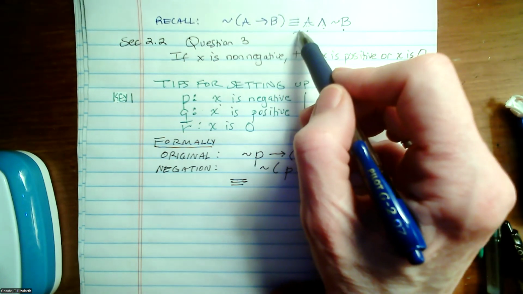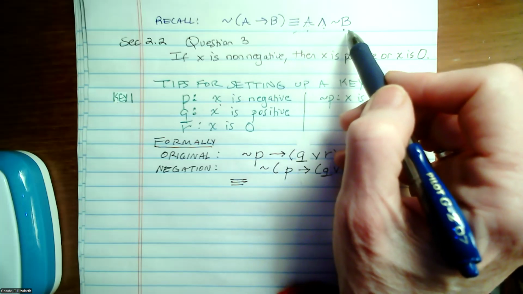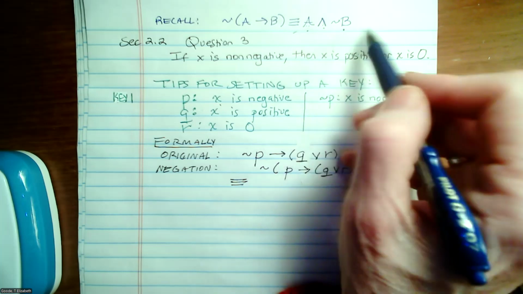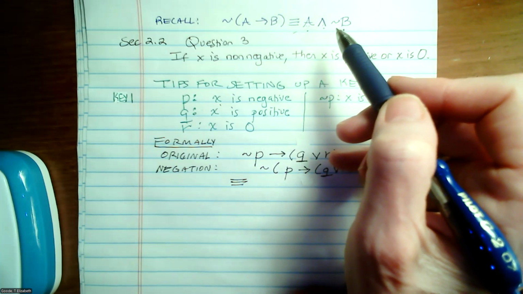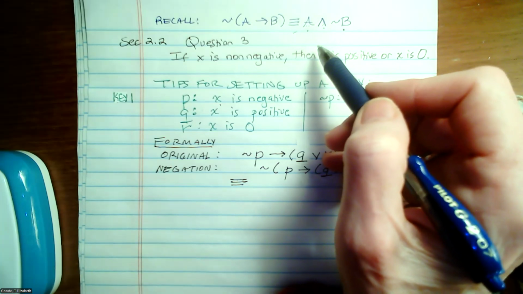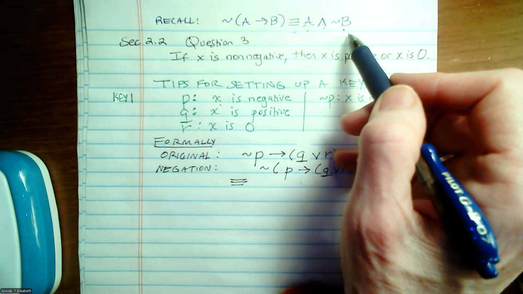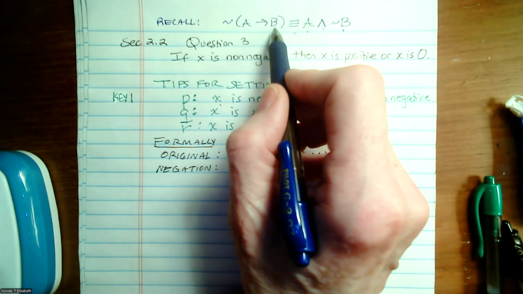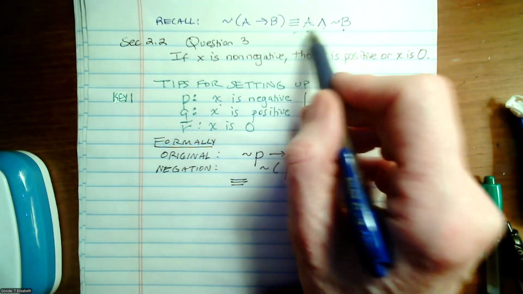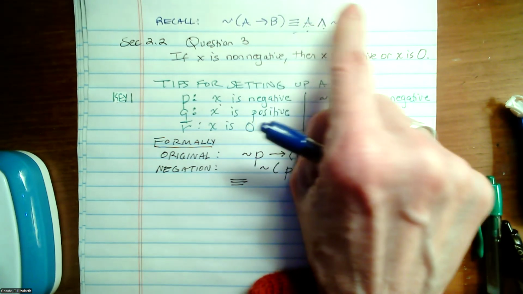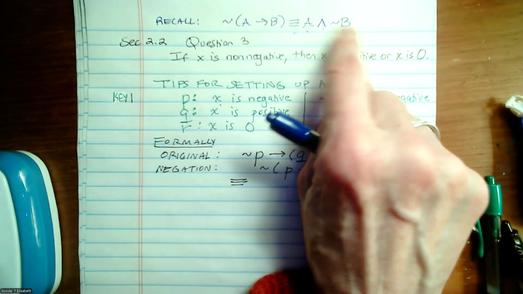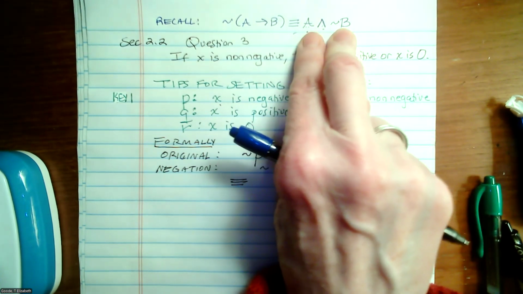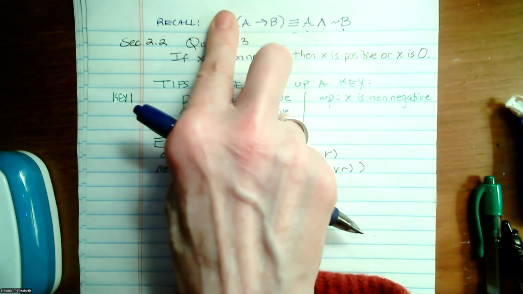It's not if the hypothesis happened, then the conclusion failed to follow, because that would be true in rows 3 and 4, but the negation is only true in row 2, because that's the only row where A implies B is false. So the negation can only be true in the row where P is true and Q fails. That's row 2. The first variable is true and the second variable is false. That's the only time this is true, because that's the only time that A implies B is false.